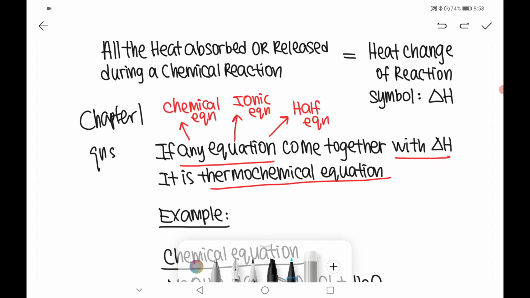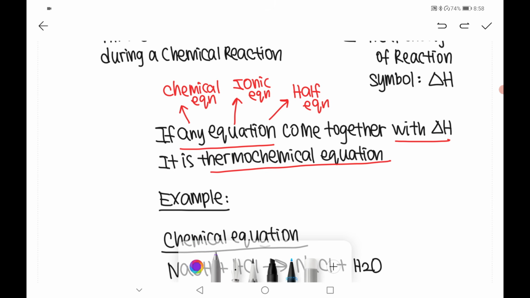If any of these equations comes together with delta H, then you can call it a thermochemical equation.